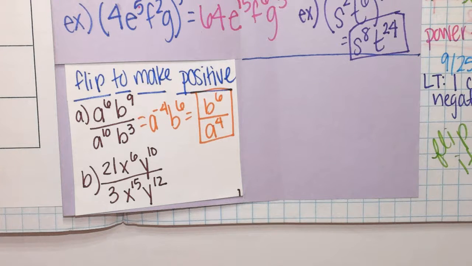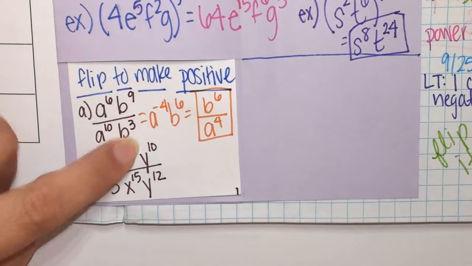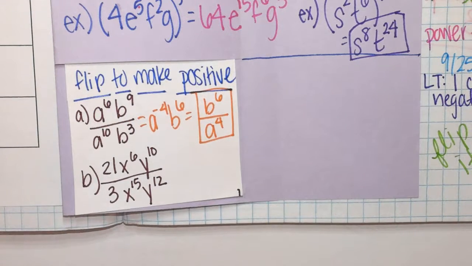I get that we're supposed to flip it, but how come when you flip it, it makes the negative look positive? Because that's the point of flipping it. If you move it to the denominator, that makes it a positive exponent. It's just the rule. I don't get why it makes it positive. Let me think of the right way to explain this so it makes sense. So when you subtract, right? Let's look at our exponents right here.